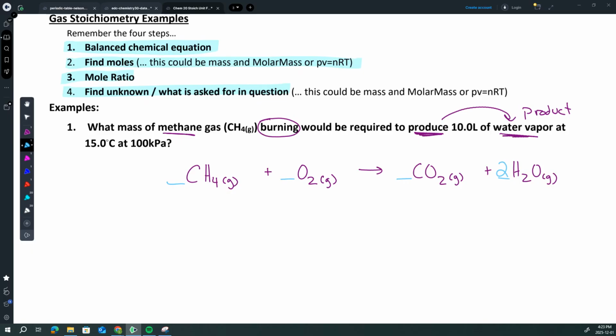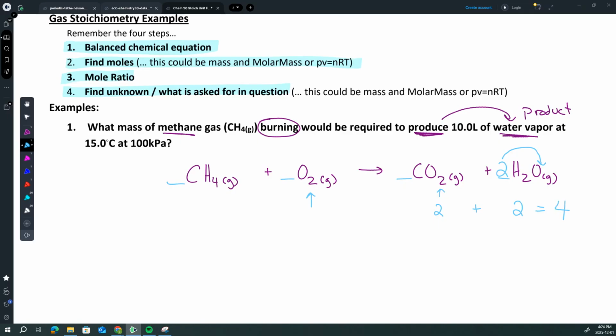Speaking of oxygens, we've got 2 coming in, and on the product side, we have 2 sources of oxygens. We've got 2 from carbon dioxide, and we have 2 times 1, so a total of 2 from the water vapor.